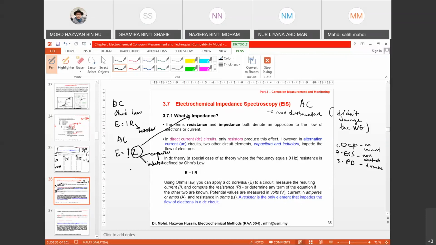So the flow of current can be slowed down by the effect of the resistor if you are doing a DC system. But in an AC system, the flow of current can be slowed down due to the presence of capacitors and also inductors.